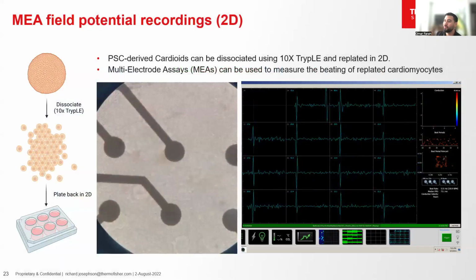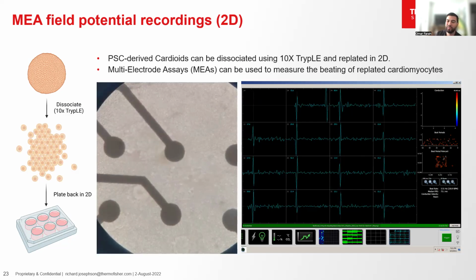So altogether, a really cool way to look at beating cardiac organoids as a model to study how we can potentially administer different drugs to simulate different beat rates or fix different pathologies or diseases, or as a disease model.